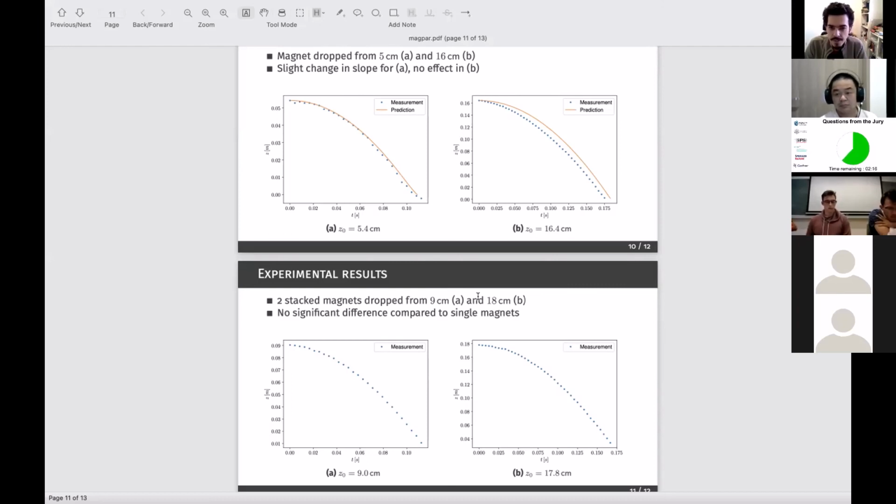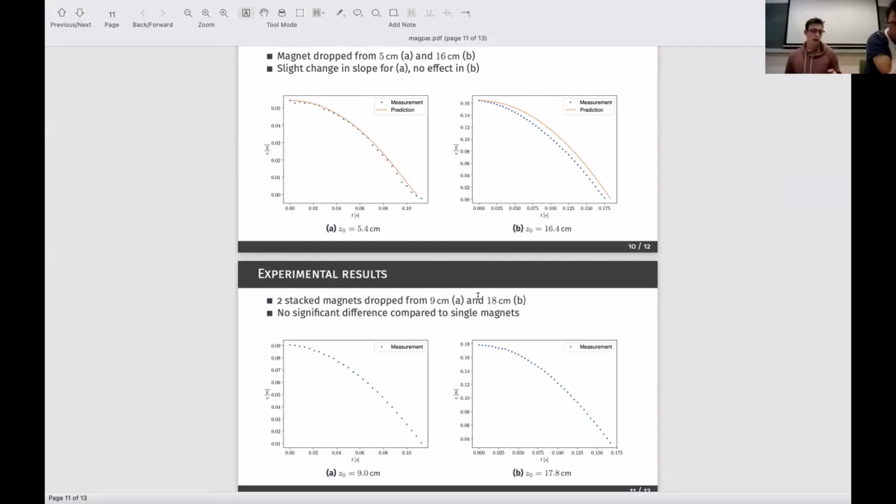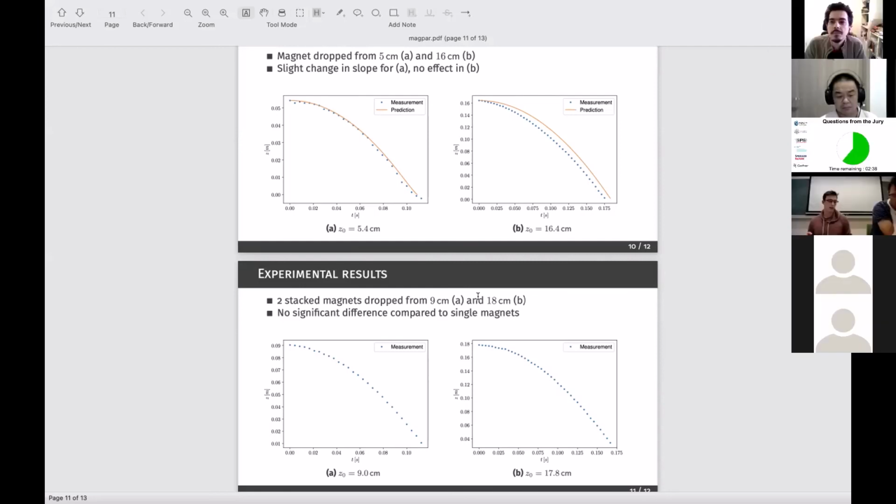Okay, and could you explain to me the difference between your prediction and the measurement in figure B? Because you say there is no effect in figure B. In figure B, our prediction predicts the magnet to be falling at 9.8 meters per second squared acceleration.